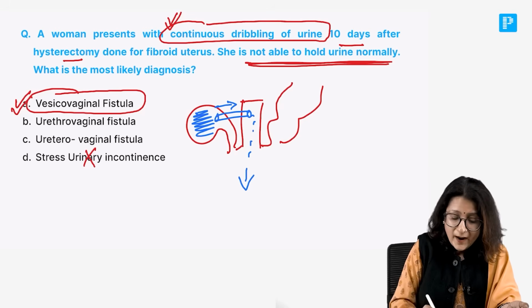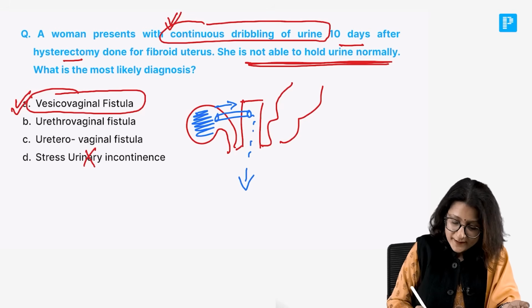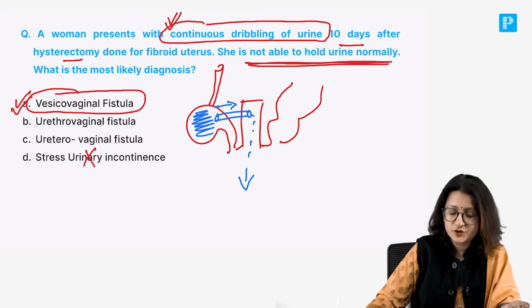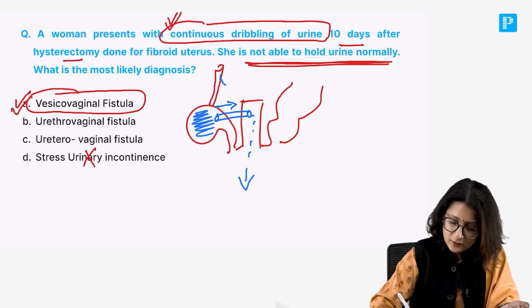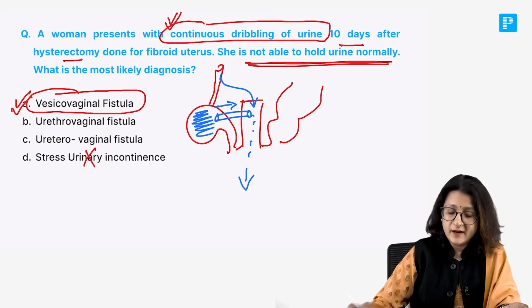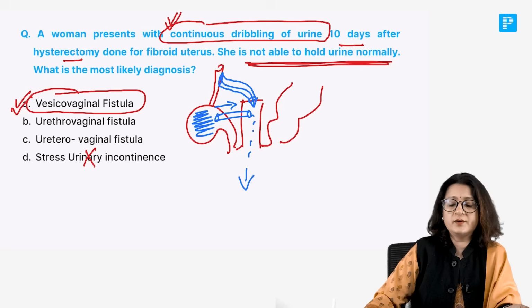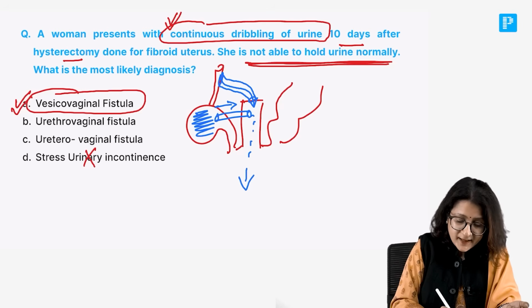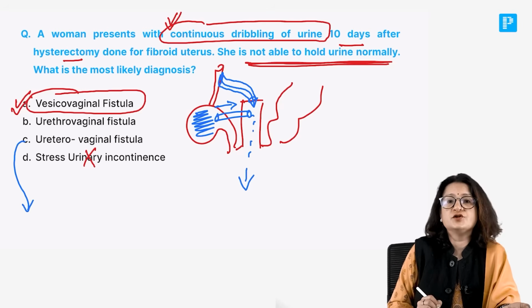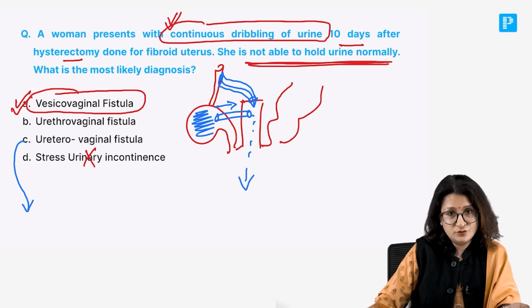Now why is it not ureterovaginal fistula? Let's just have a look. If this was a ureterovaginal fistula, then also the urine will dribble. But with a ureterovaginal fistula, there's the other side ureter also, no?